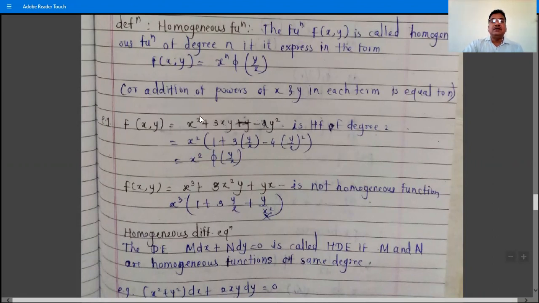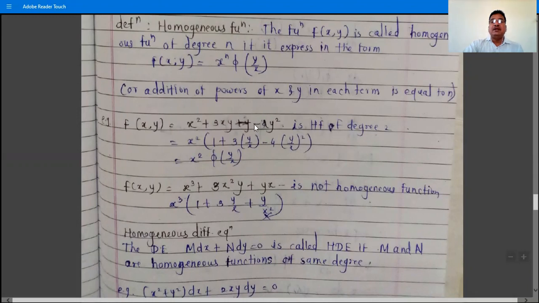If we observe the first term, the power of x is 2, and there is no y, because y raised to 0 is 1. So 2 plus 0 is 2. Now the second term, 3xy: the power of x is 1, the power of y is 1, their addition is 2.